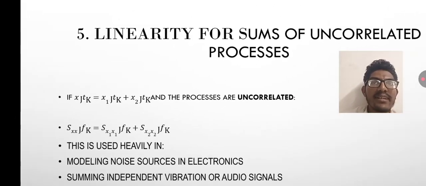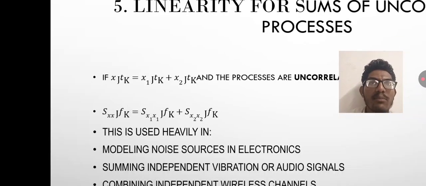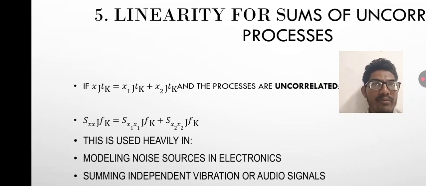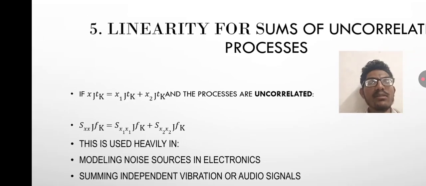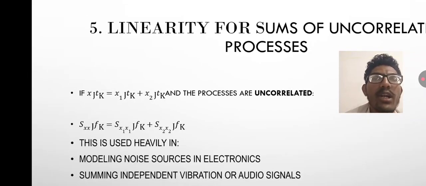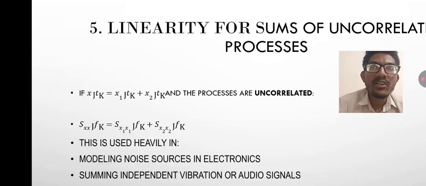It means when we take two random processes, x1 and x2, and sum their individual power spectral densities, it will give the original power spectral density.